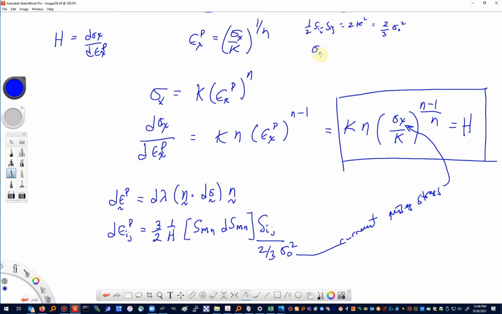So sigma naught is going to be equal to, S_ij S_ij is equal to 2k squared. So we have 3/2 S_ij S_ij, and we're going to take the square root.